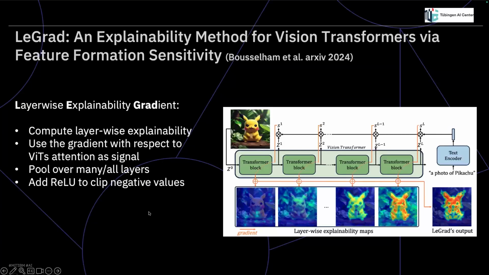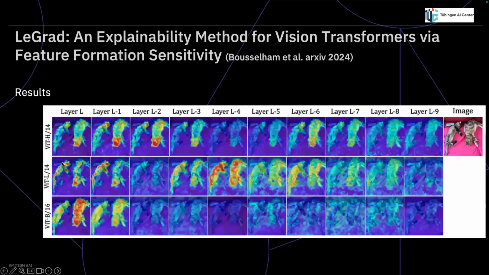But the reason why we actually did it, and let me switch to the next slide, is we had one interesting problem with the CLIP or with the GEM CLIP localization paper: those works that you saw worked very well for ViT-B/16, but they were never able to really upscale.